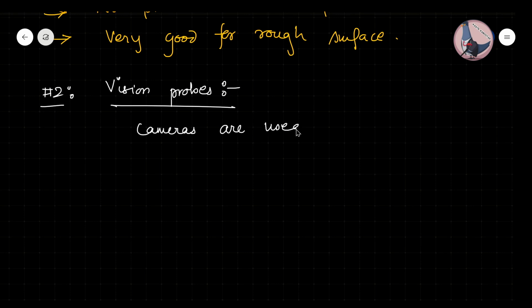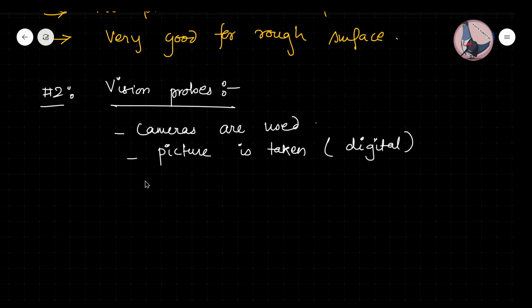Just understand this: a camera is used, a picture is taken, and then this picture is electronically digitized. The digitized picture is then compared with the already calibrated image which is already present.